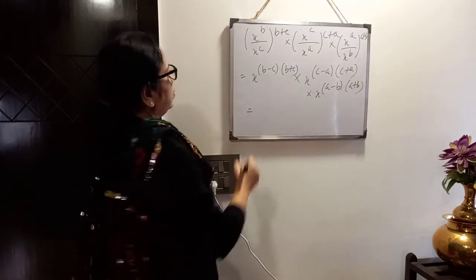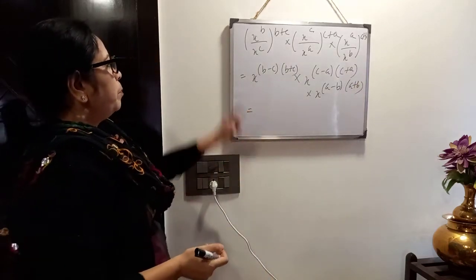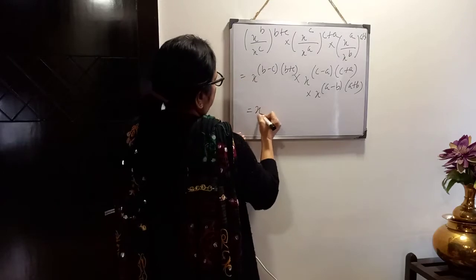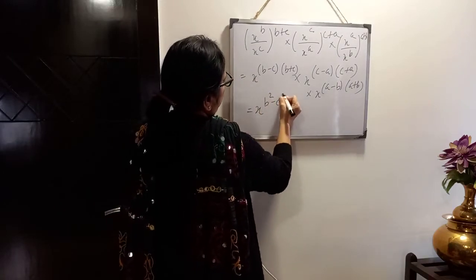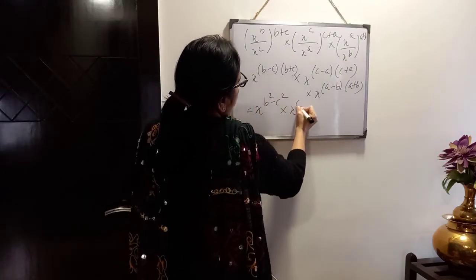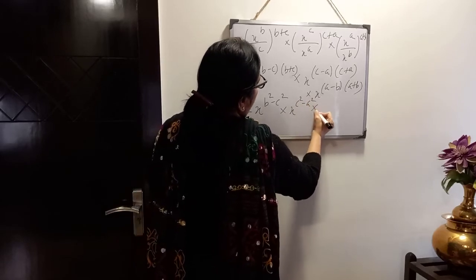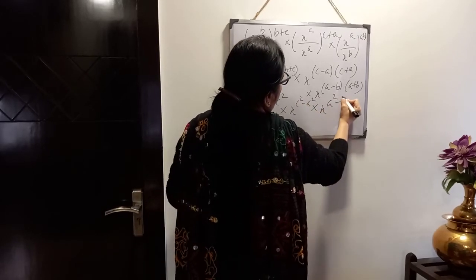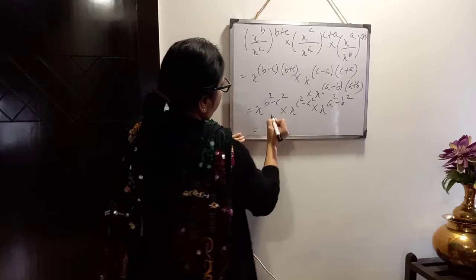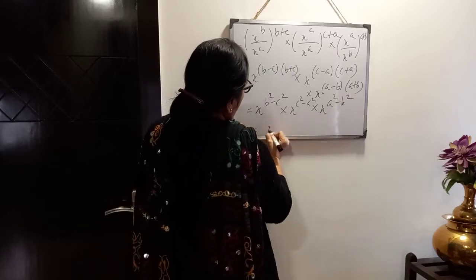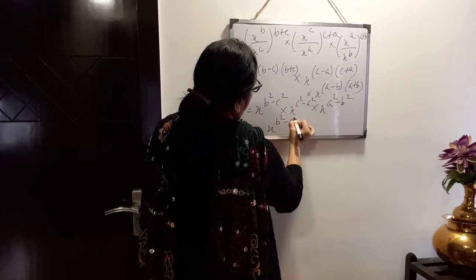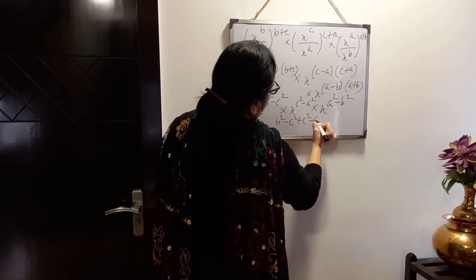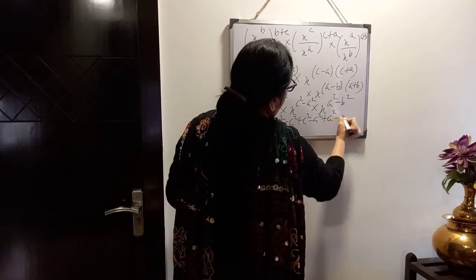Now this is the formula, b minus c into b plus c means b square minus c square. Similarly here, c square minus a square, a square minus b square. Again same base, and this is multiplication, so we add the powers. So after adding, it is coming this.